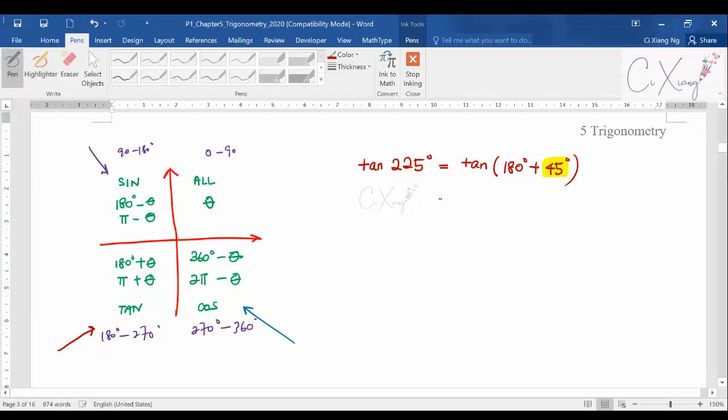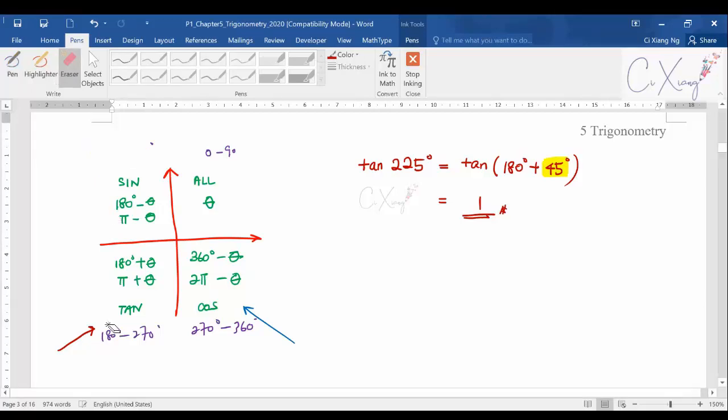Okay, so you will need to get the value for tangent 45. So just now when you have the basic triangle that I mentioned earlier, the value for tangent 45 is 1. Okay, and then now I decide positive or negative. So in the third quadrant, tangent is positive, therefore the answer is 1 for tangent 225.